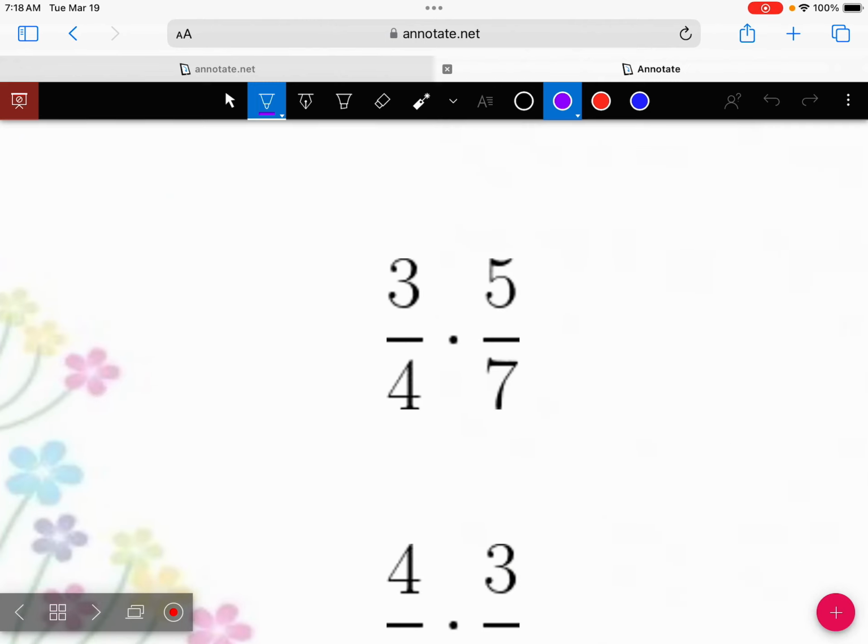Yeah. We multiply across: 3 times 5. So this is going to equal 15 over, and we multiply across 4 times 7, 28.